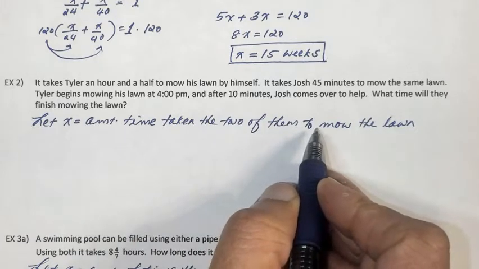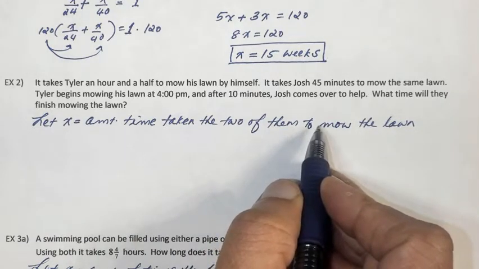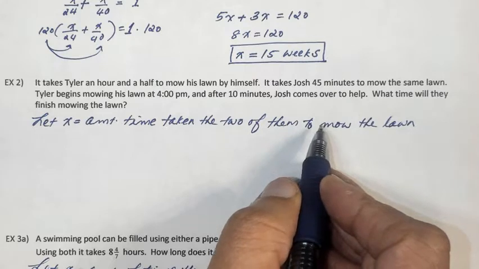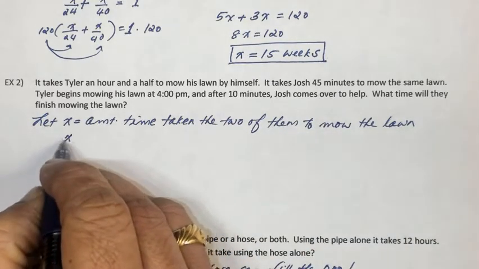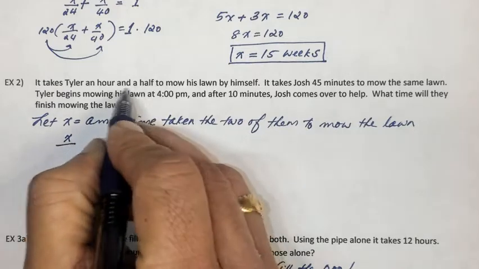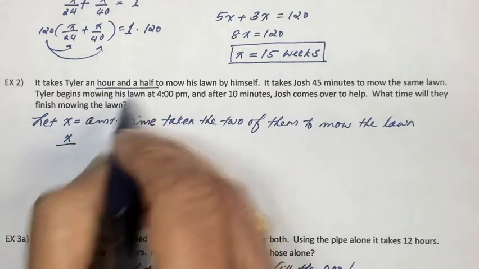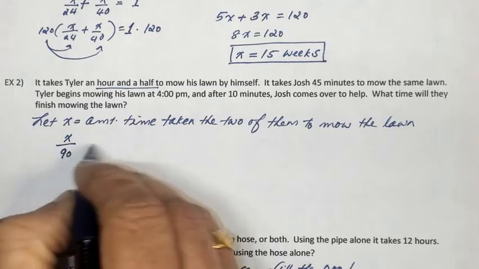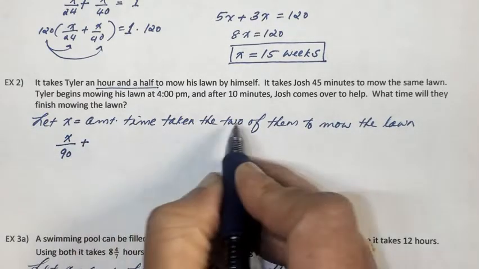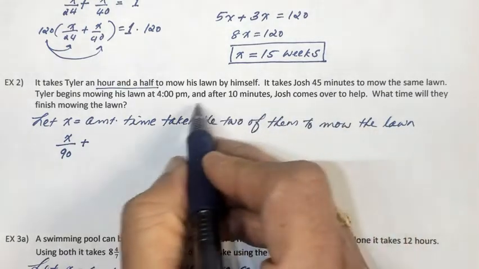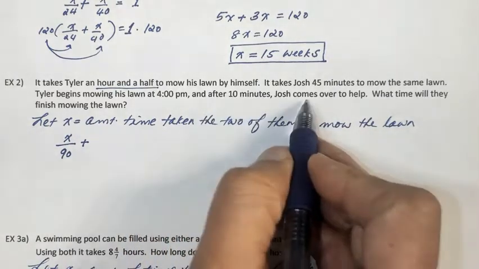So as we've seen before, the portion of the work completed by each person is, let's say, x over an hour and a half, which is 90 minutes, plus, here it's kind of tricky because it says that after 10 minutes George comes to help.